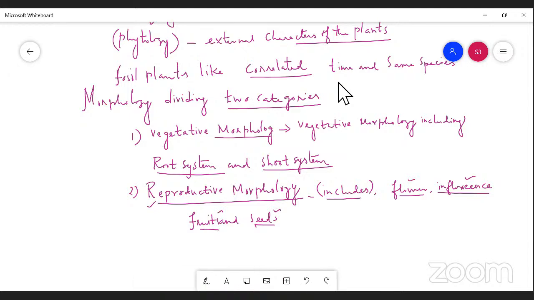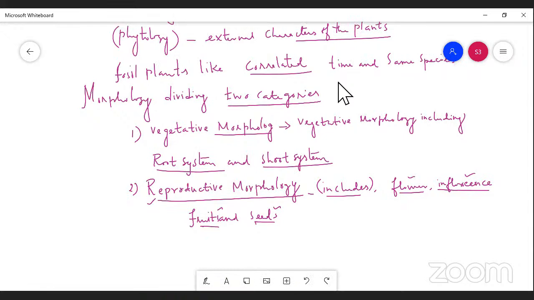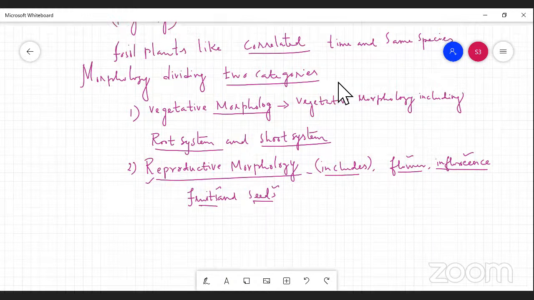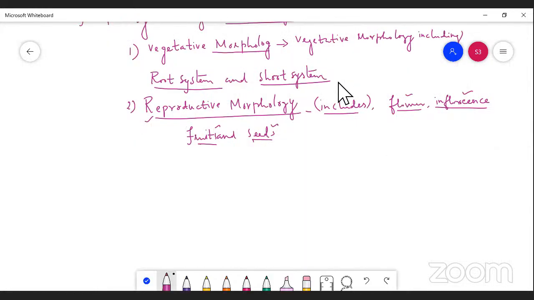First, we discuss vegetative morphology.